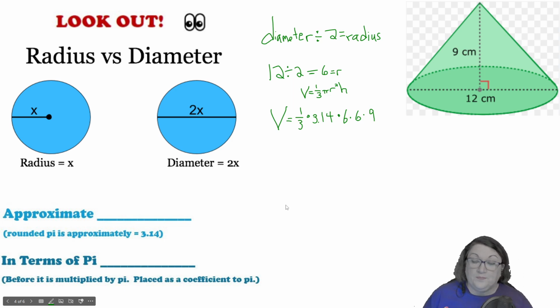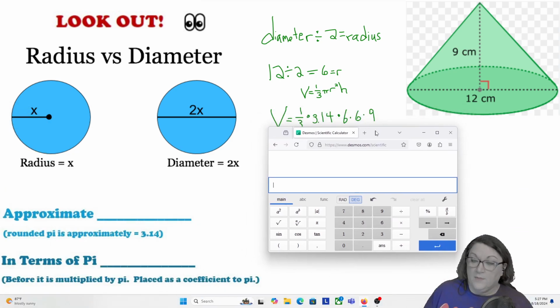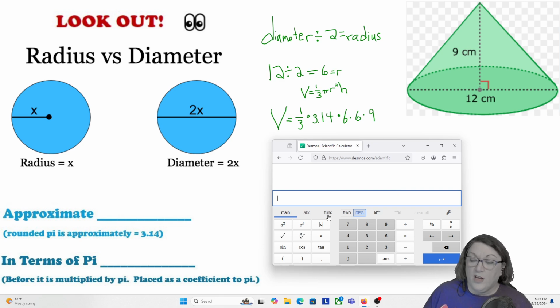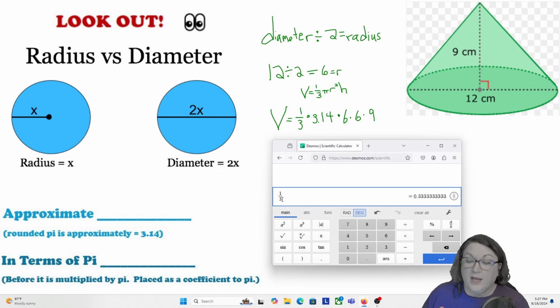Okay, so when I plug this into my Desmos, let me clear out my Desmos. All right, so volume equals, so we're going to do 1/3. Again, type in the 1, click here on the bottom, type in the 3, click next to it, click your multiply, click your 3.14, click another multiply, click 6, another multiply, click another 6, another multiply, and click 9, and we end up with 339.12.